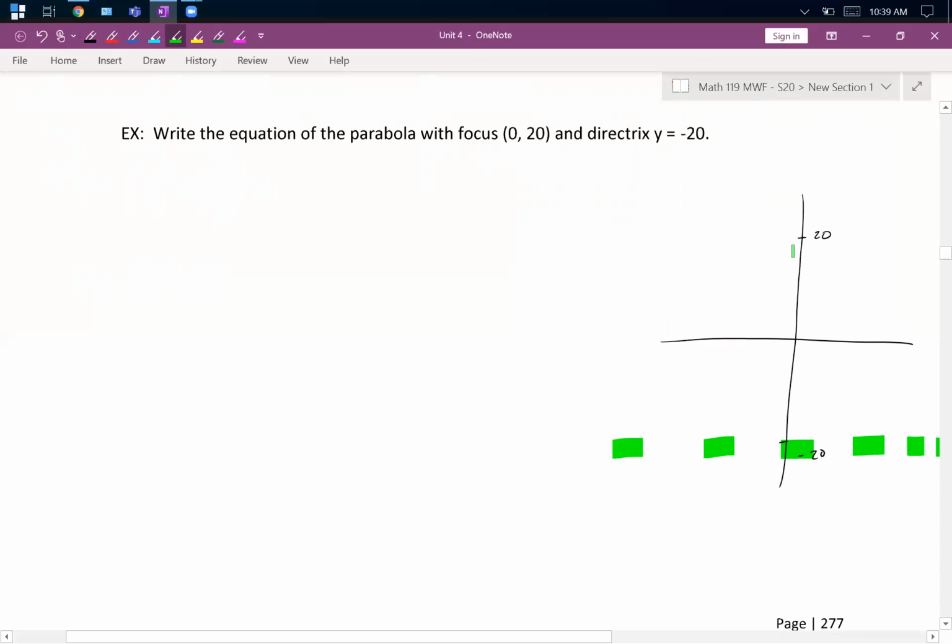And then my focus is up here. We know the directrix is behind our parabola and the focus is inside the parabola. So our vertex is halfway between. So this tells me that I got a parabola like this.